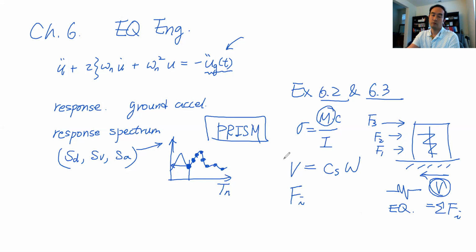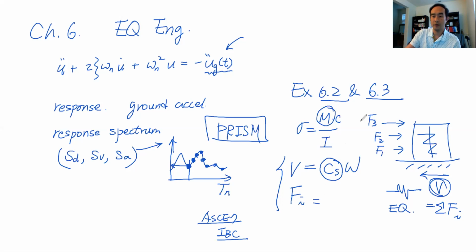Well, we covered the seismic design code, ASCE 7 and IBC code. All the required pages and sections are available on the Blackboard. So we were able to find the C sub S value. There are an upper limit and a lower limit of the C sub S, and W is basically the weight of the building.